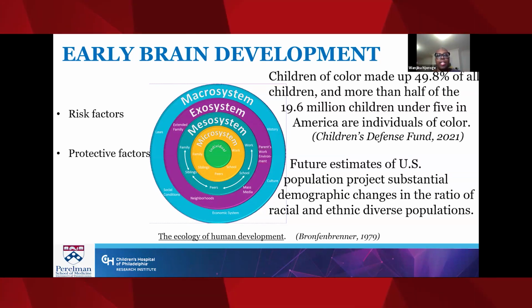Okay, so the other thing I think is important when we're thinking about early childhood development is really understanding that children are living within various systems, right? So this Bronfenbrenner guide is something that I saw in college for the very first time. Never thought I'd be using it in my life.